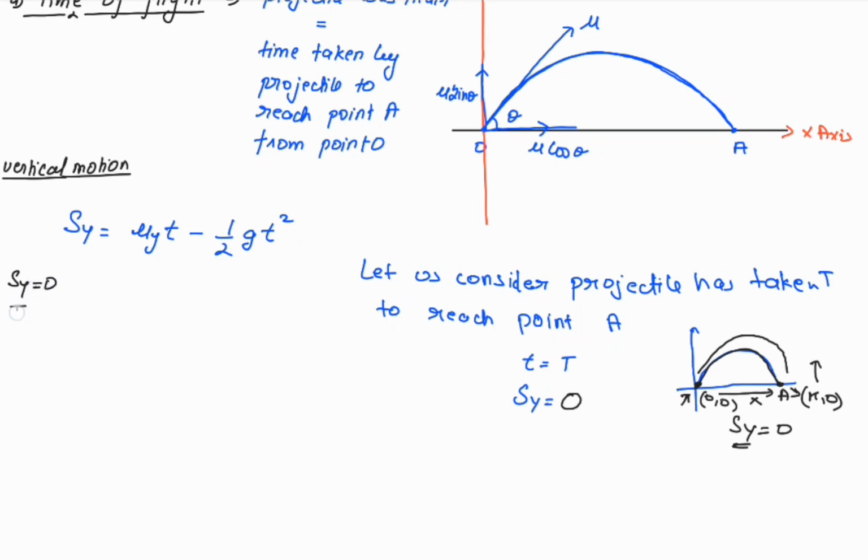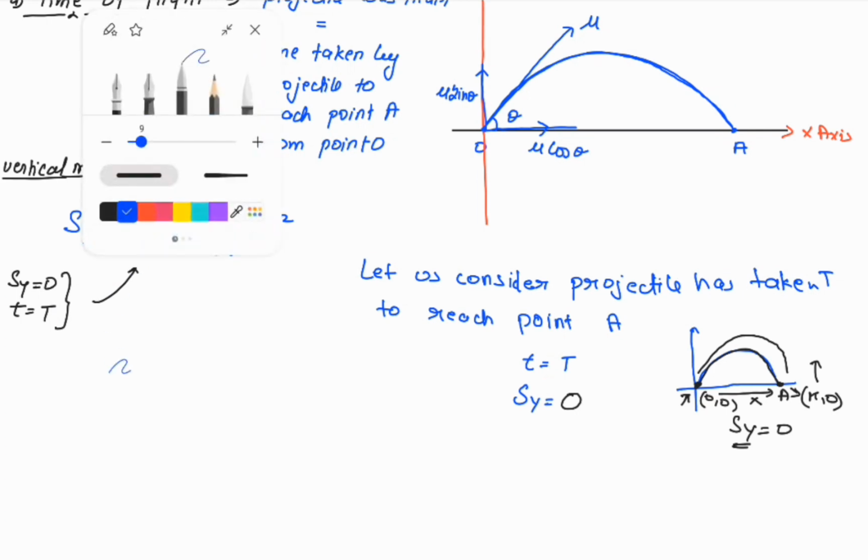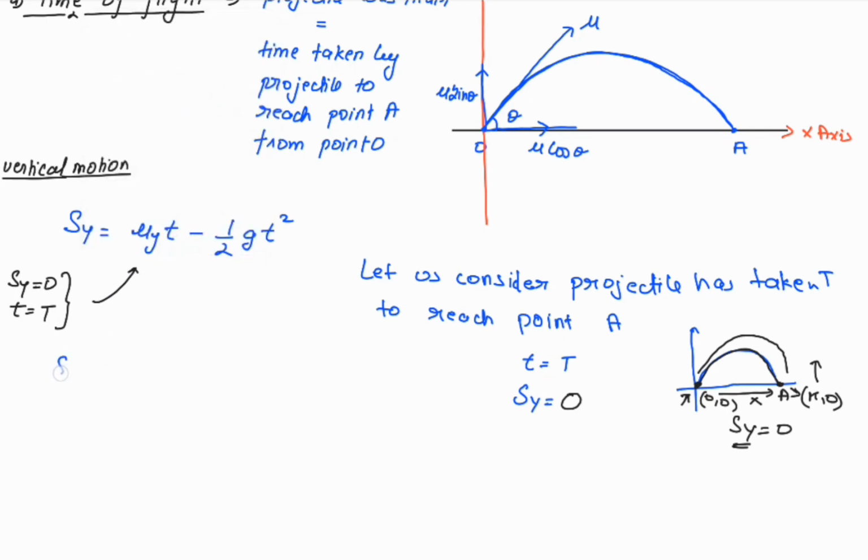And the time taken by the ball to complete the journey, the time it was in air, I will say t is going to be capital T. Now put these values. S of y is equal to 0, and u of y is u sine theta, the initial velocity along the y-axis.